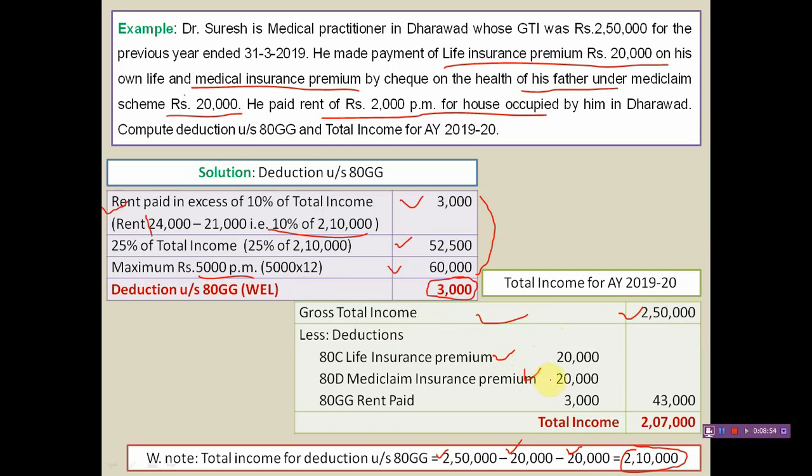So here 20,000 he paid by check, so 20,000 is allowed as a deduction, and this is the deduction under section 80GG, rent paid rupees 3,000. So total deduction allowable to him is rupees 43,000. So total income for the assessment year 2019-20 is rupees 2,07,000.